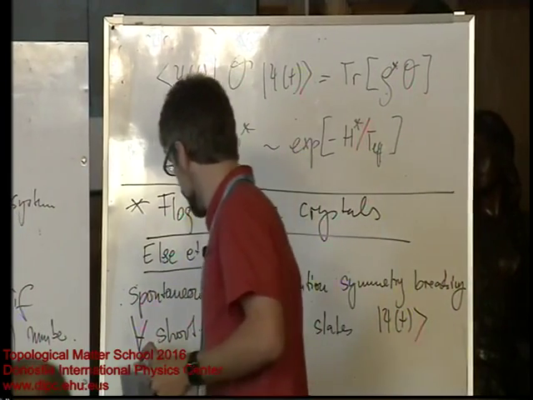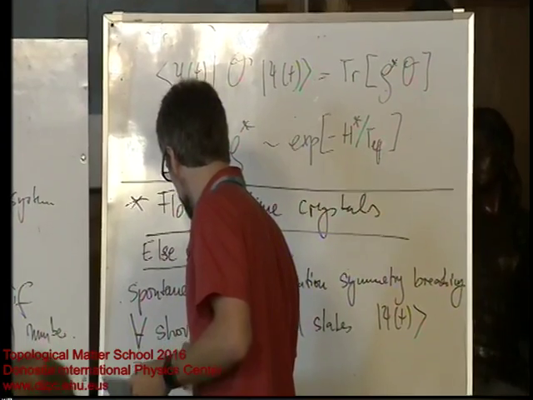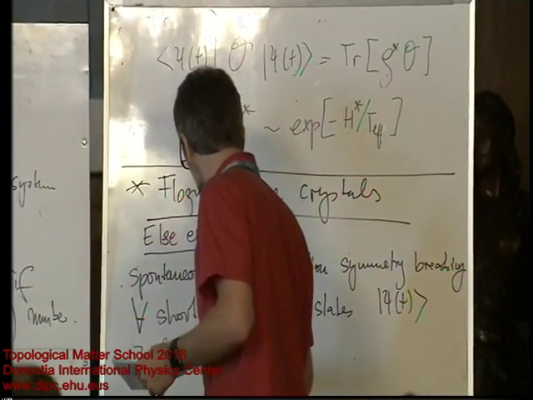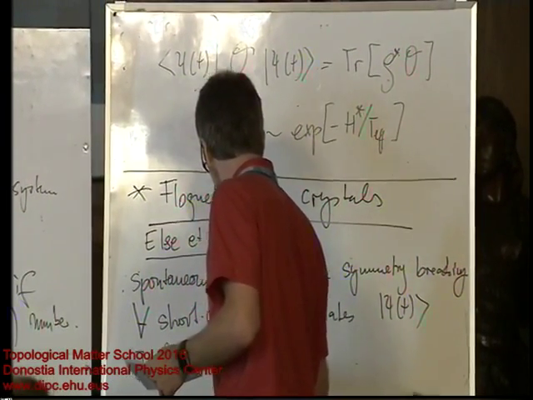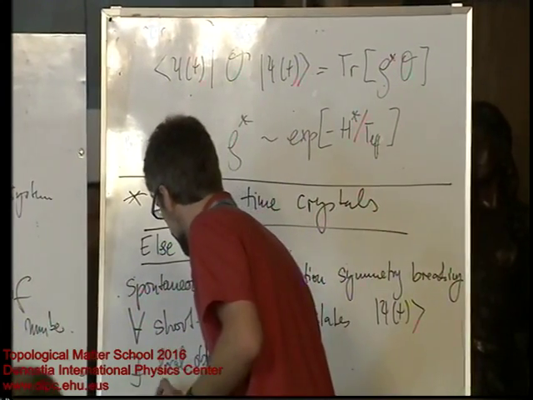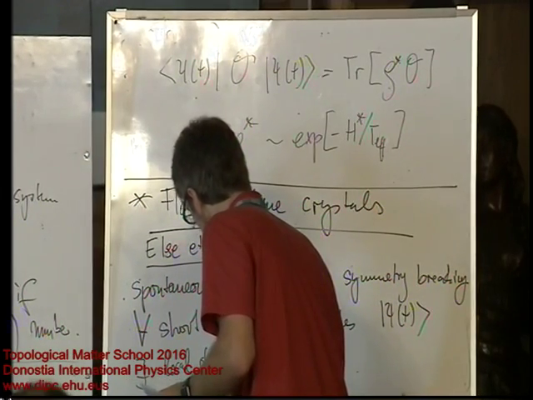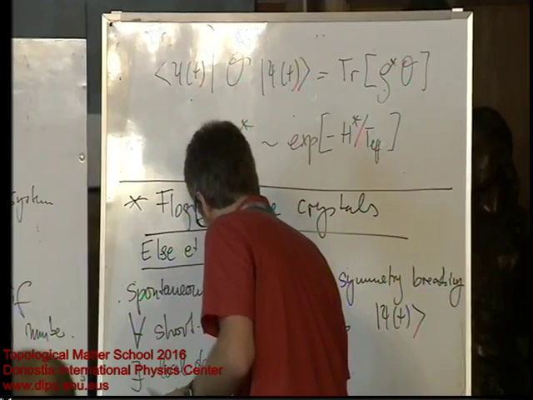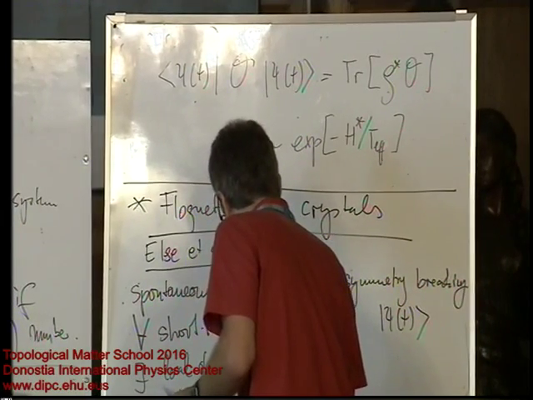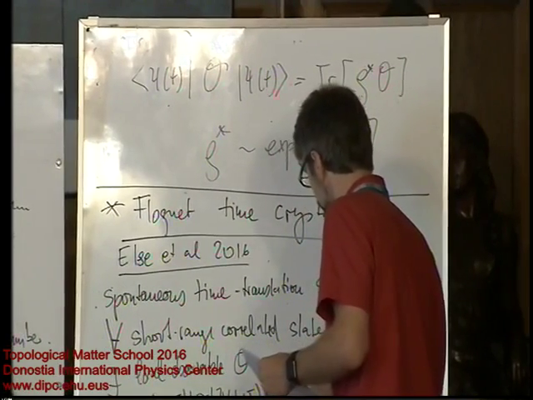There exists a local observable operator, let me call it O again, so that when I look at this psi at t plus capital T and compute this observable, the result is different from when I compute it at t.